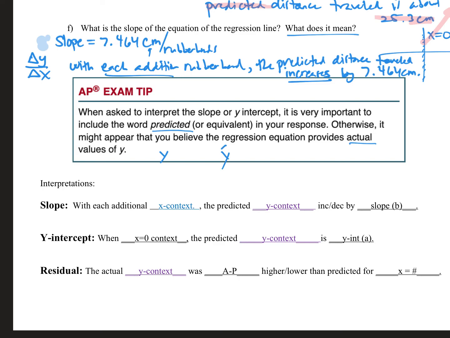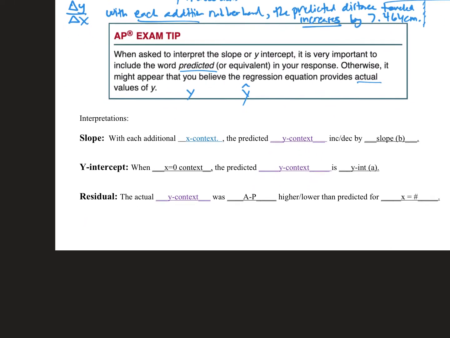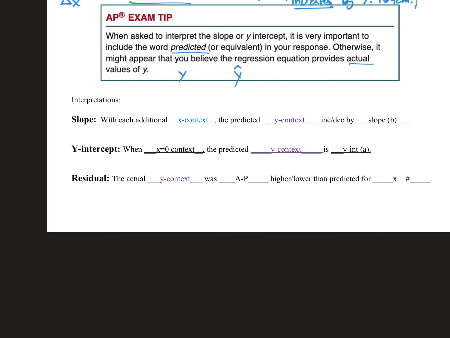And then the predicted is always the y hat. So I've labeled some interpretations down here. With each additional x context, so rubber bands, the predicted distance traveled increases or decreases by whatever the slope is. Hopefully you know slope and y-intercept enough that you don't have to memorize this stuff, but they're here for you.